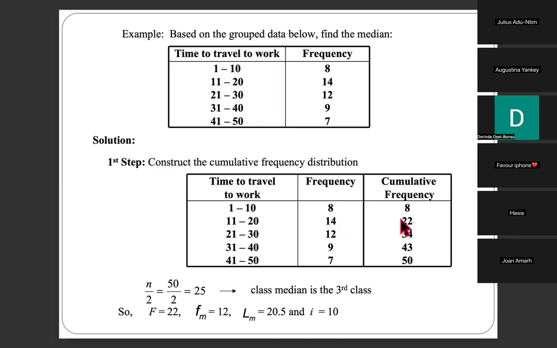Adding to this, we get to the 22nd position. Then adding to this, we get to 34. So we can pinpoint that our 25th position will be found within this group. So this becomes our median class.